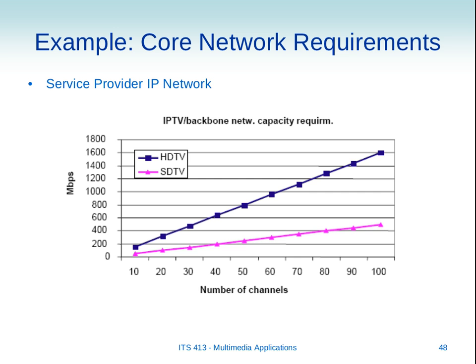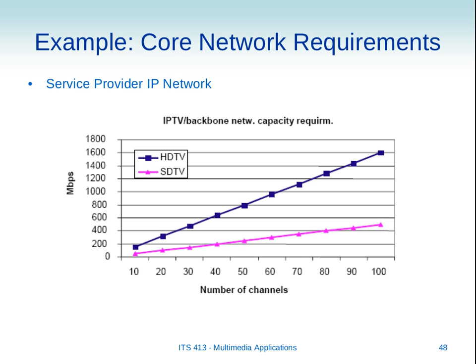network increases. Following the blue line, if we have 10 channels on offer, then our core network needs to support around 140 megabits per second. If we have 100 channels on offer, we need to support about 1.6 gigabits per second.